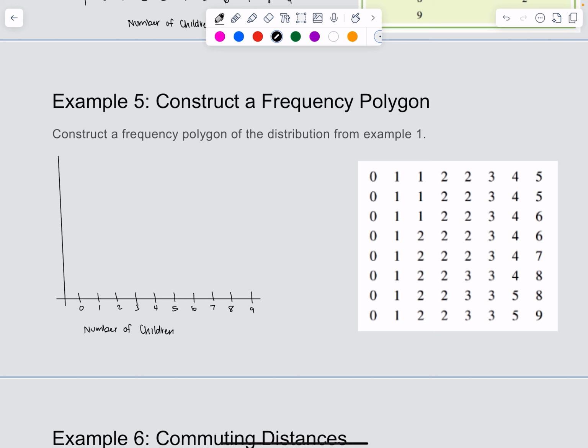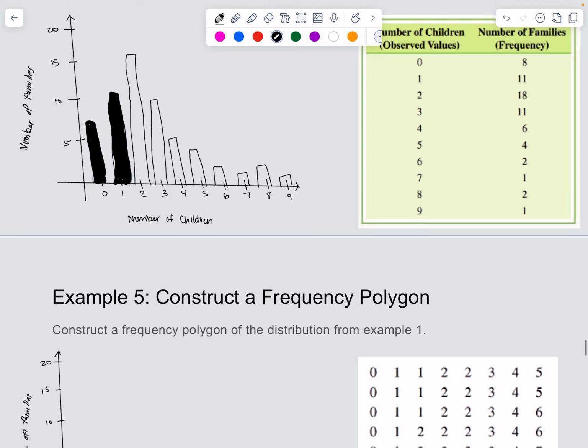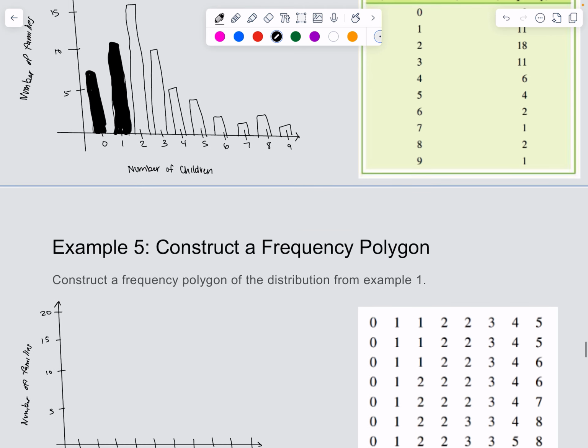And then the frequency, the number of families, is going to go up to, I'm just going to max it out to 20. Same setup. So at 0, we had 8.